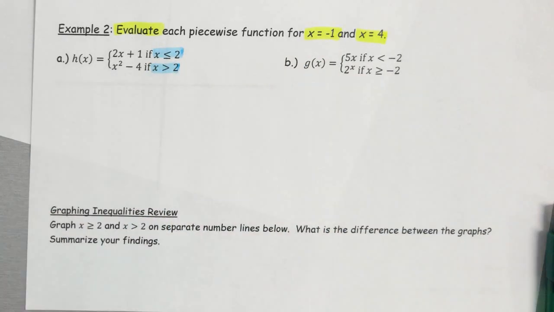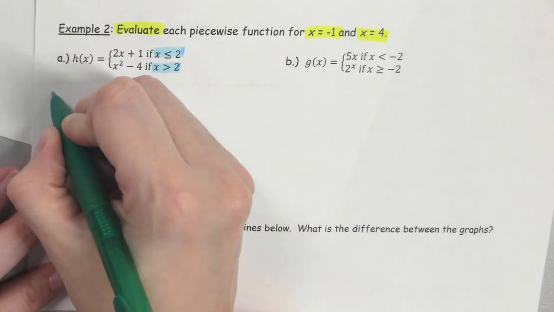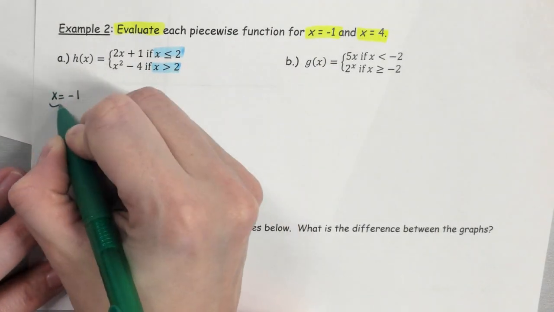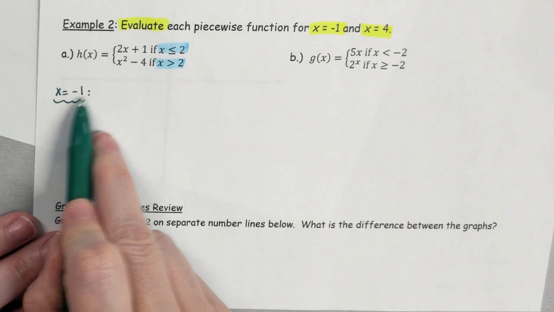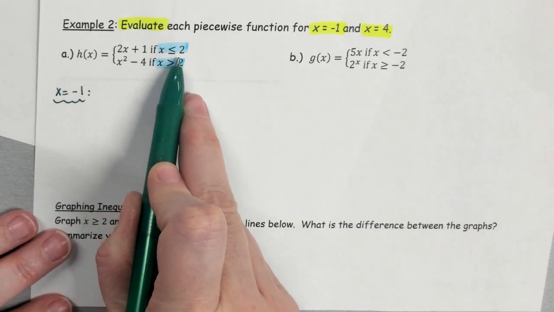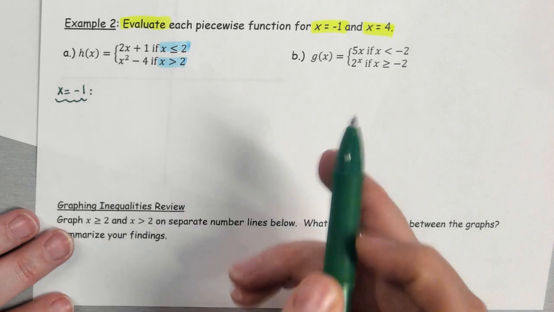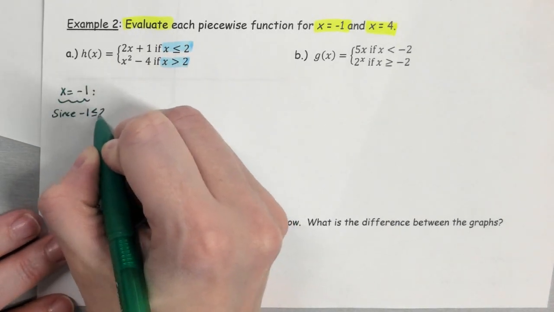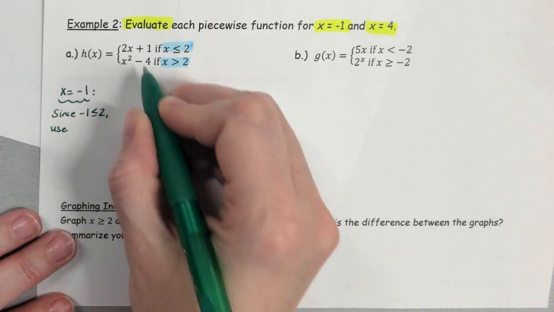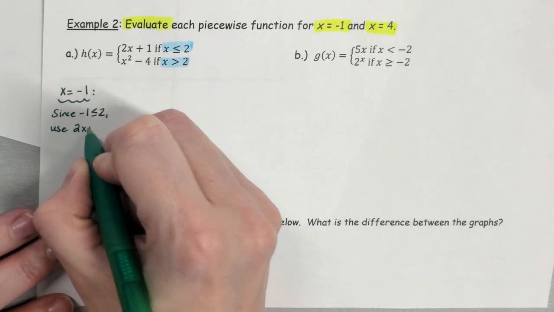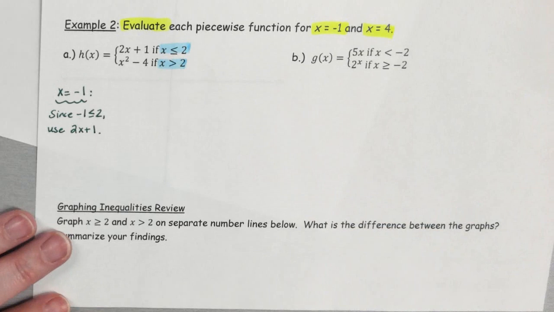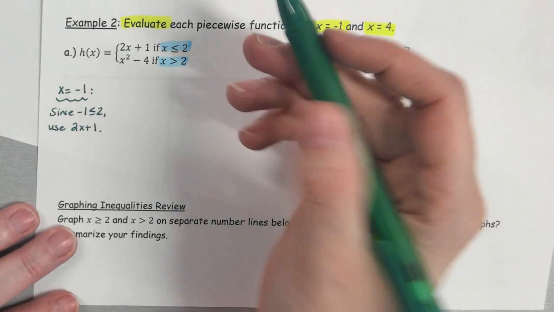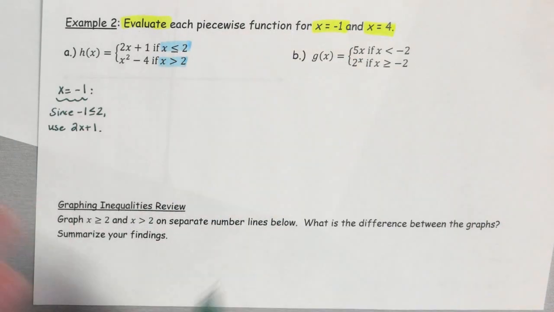This is if x is greater than 2. So when you're deciding which one to use, just ask yourself, is -1 less than or equal to 2? Yeah. Okay, so since -1 is less than or equal to 2, you are going to use 2x plus 1. That's where you're going to substitute. So it's all based on which one does it fit into.